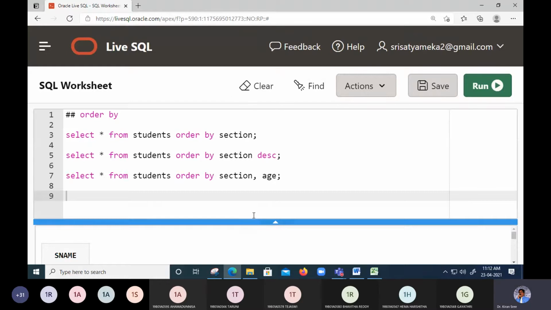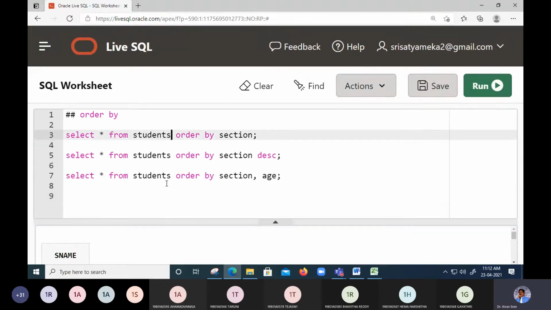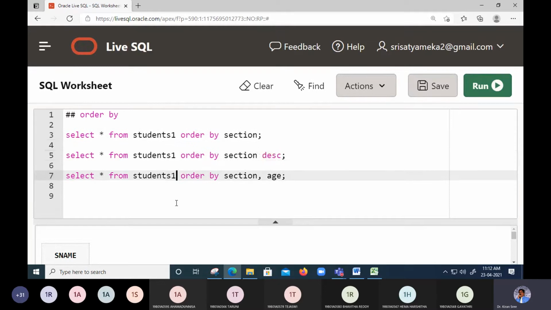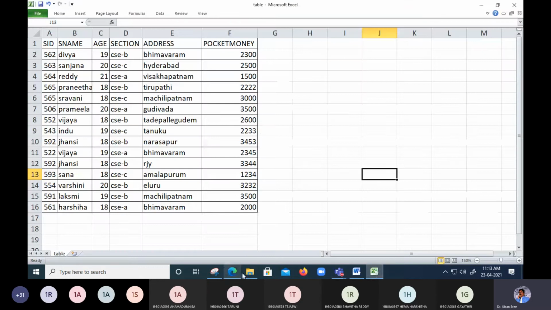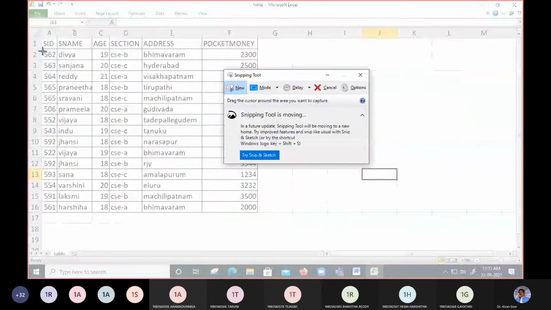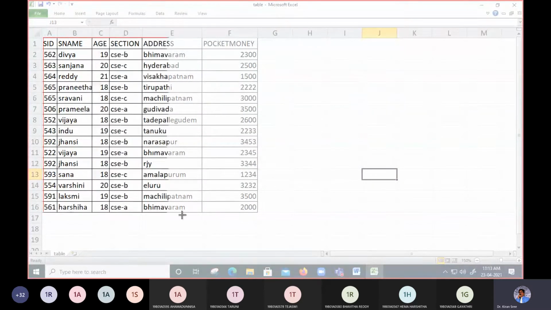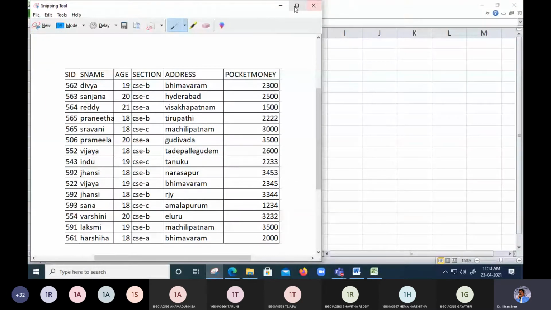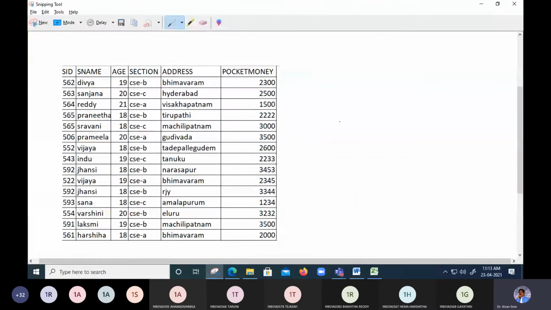Select star from students 1 order by section. We will take up all these entities again. So now tell me, see the database here.